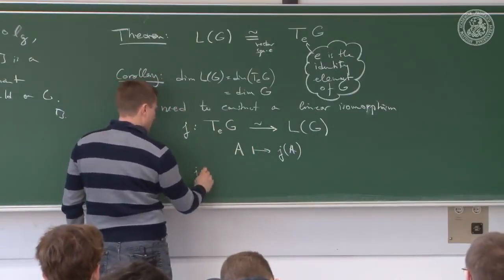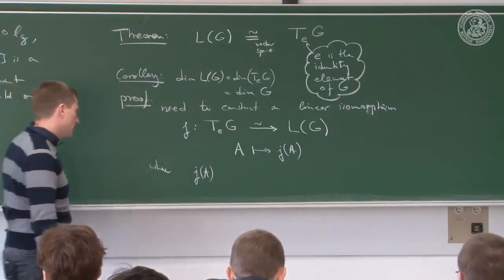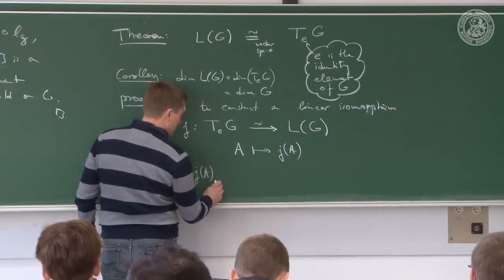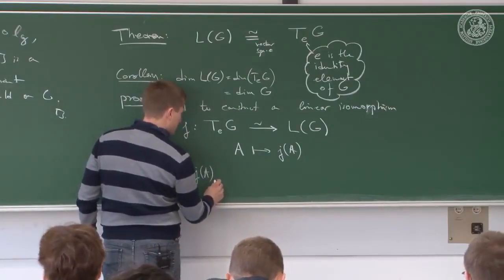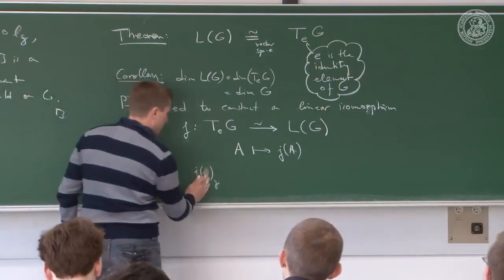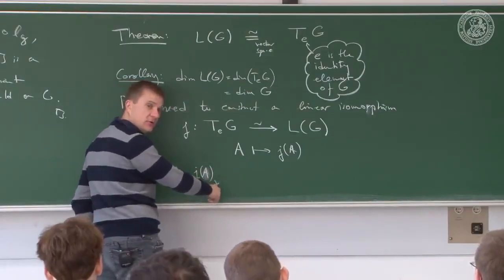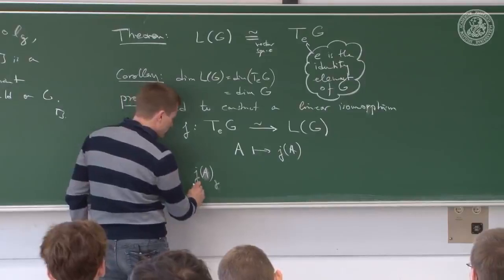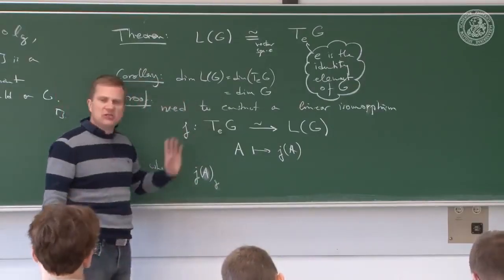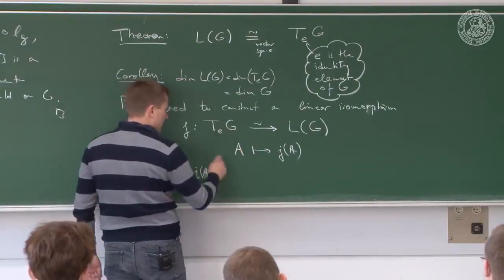Well, J of A is a vector field. It's a vector field in particular, so I can define it at the position G, and then it's a vector, right? So if I have a vector field and I evaluate it at a point, that's the notation we always used, then this guy here is an element of the tangent space at G, right?